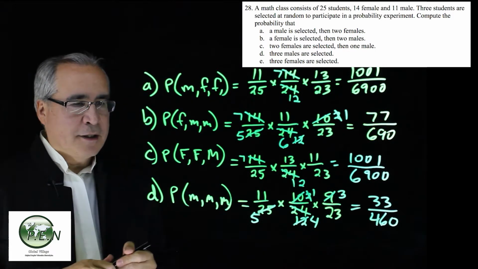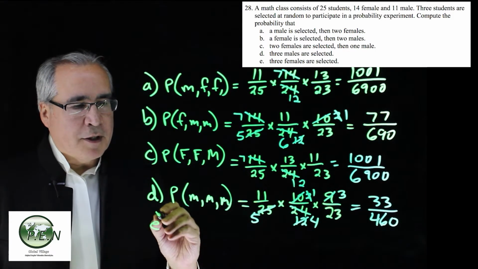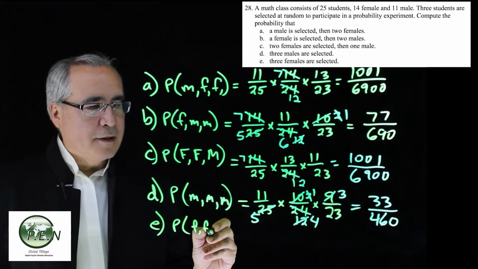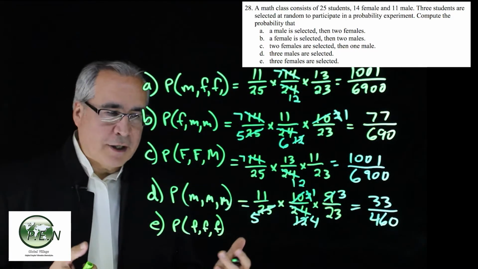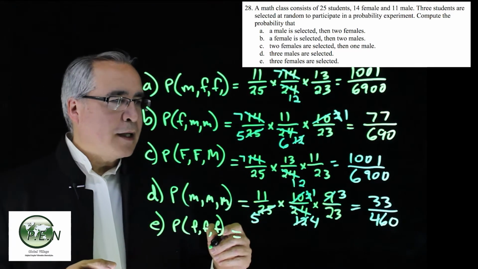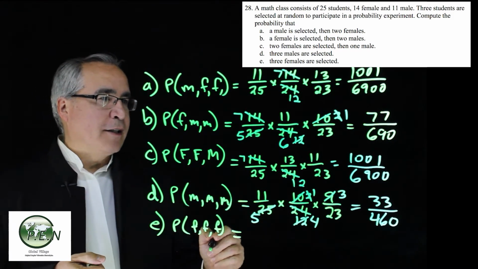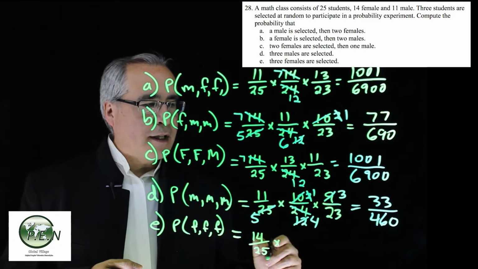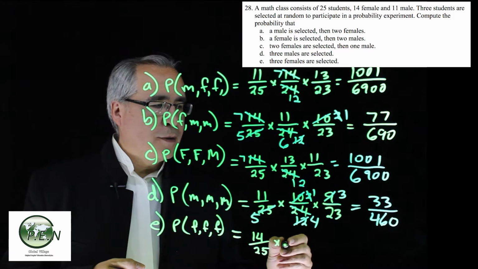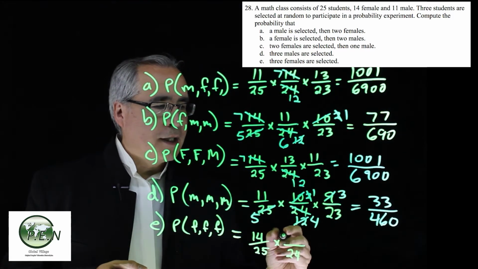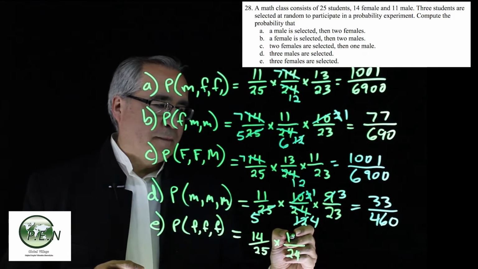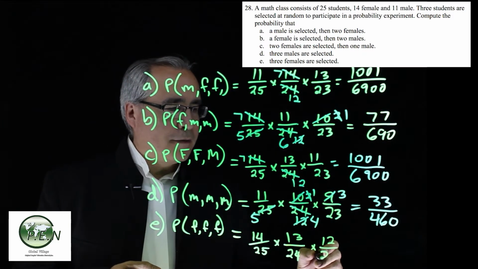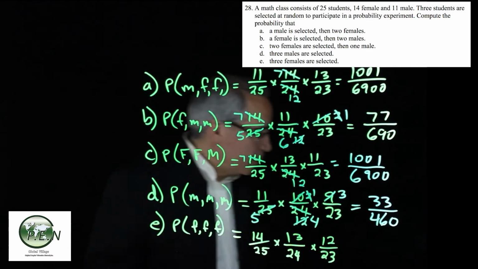And the final one is the E part, the probability that we get all females. So a little bit for everybody here. Females, we've got 14 out of 25. The second female, we're 1 female less and 1 student less, so there's 24 students, and there is 13, and then there'll be 12 females out of 23 students.